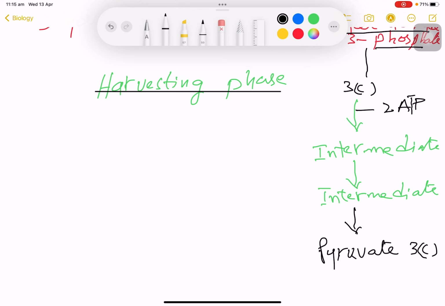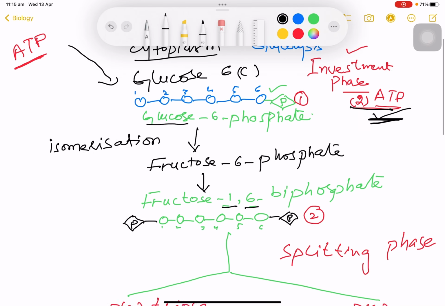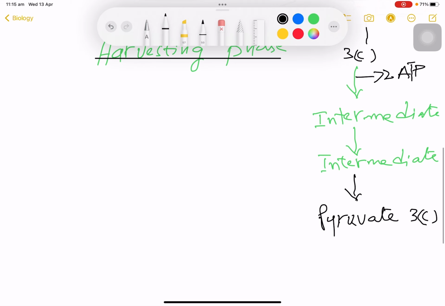Sorry, I forgot to mention ATP. So 2 ATP we are going to harvest, and 2 ATP we have invested. So you must be thinking that there is no net result, no profit, no gain, no profit, no loss.